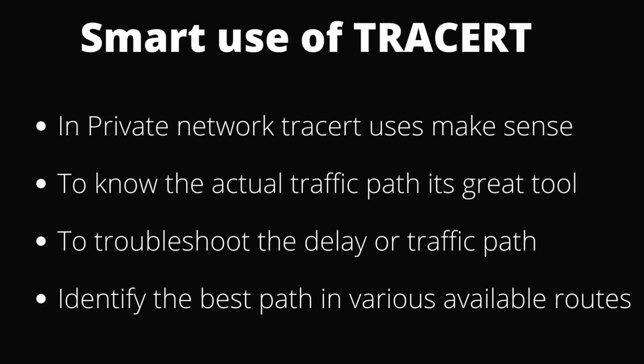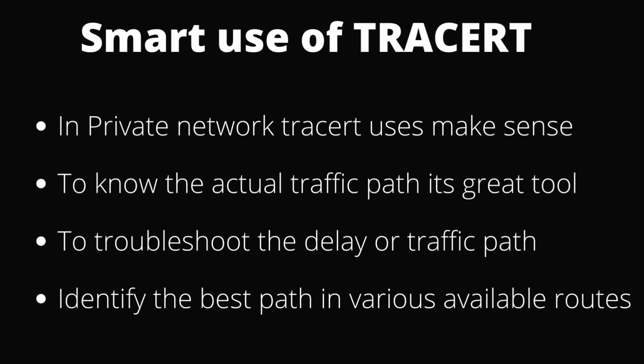This is also a great tool to identify the delay between the hops, right? In ping, you are just able to see the overall delay, but in the overall delay, which exact hops are responsible for that delay, you will be able to identify with the help of Traceroute.